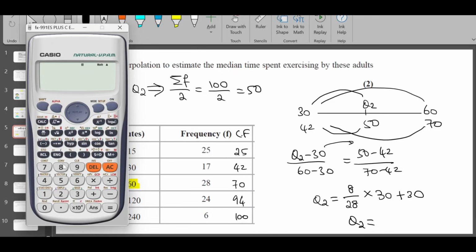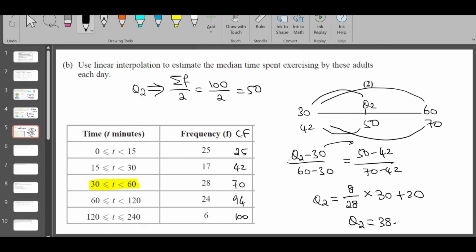So Q2 is 8 over 28 times 30, plus 30. That gives 38.57 and so on. Round it to 3 significant figures: 38.6. That's the median.